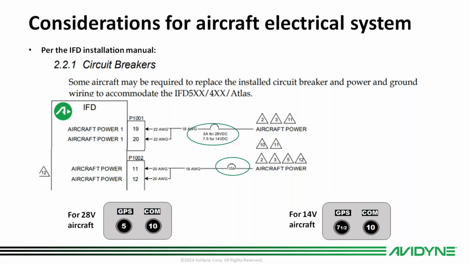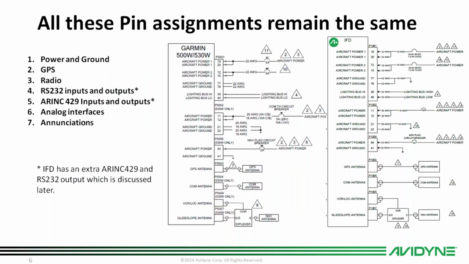Originally, and I think it shows it in the GNS drawing, you can see that on the 5002 connector and on the 530 there, it's a 5 amp for the 28 volt, 10 amp for the 14. We just ask for the 10 amp regardless of the aircraft electric system for the COM. But yeah, main breaker has to be 7.5 for 14 volts.